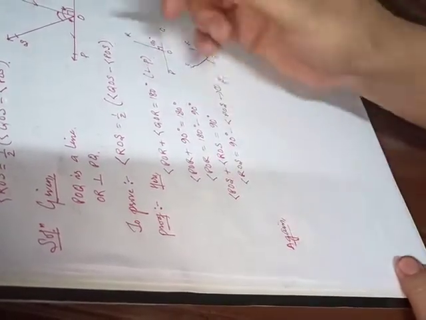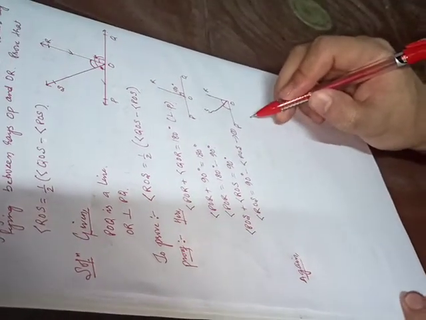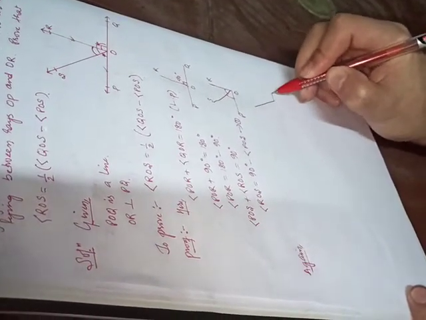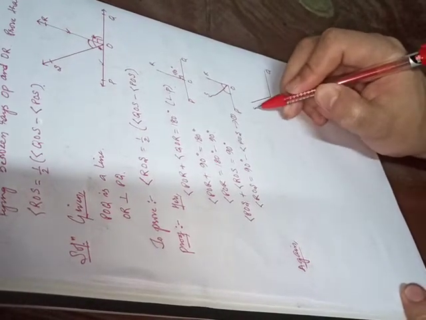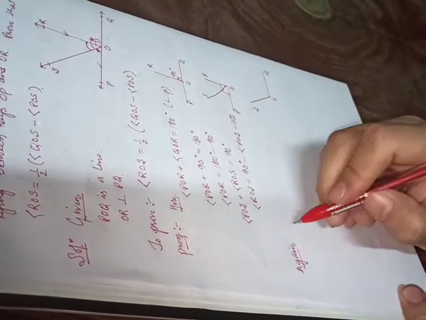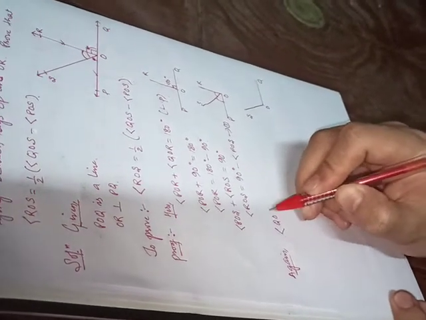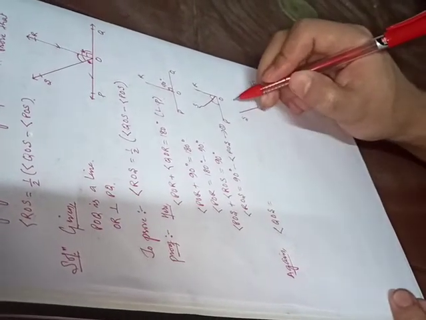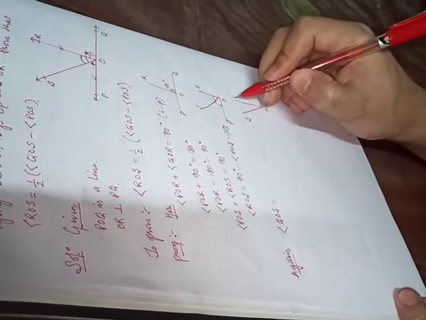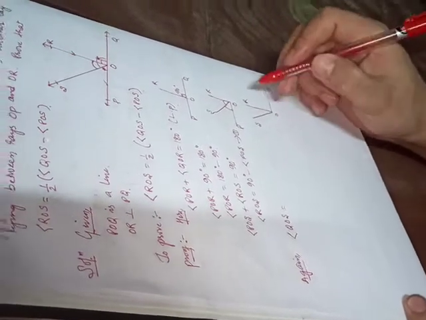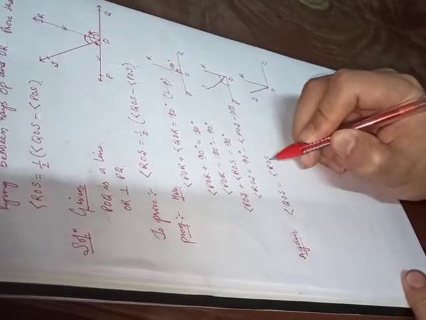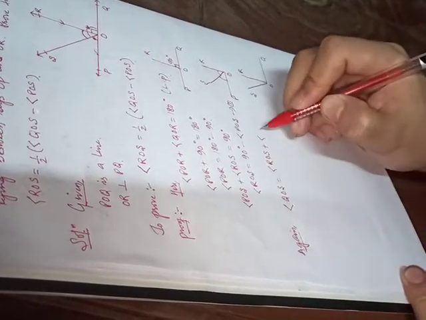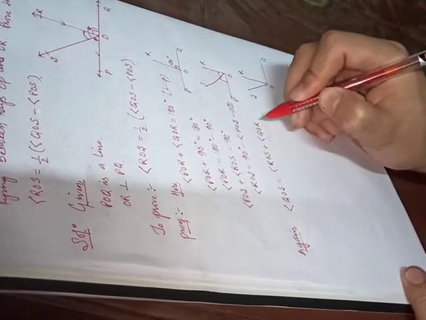Again, let's go to the second part of the figure, that is angle QOS. We need this angle, correct? QOS, and this angle QOS is divided into how many angles? It is divided into two angles, that is again ROS and QOR, right? That is angle ROS plus angle QOR. Is it okay?